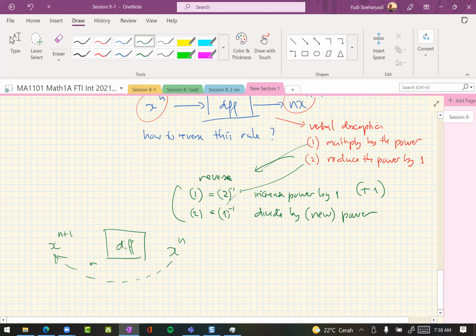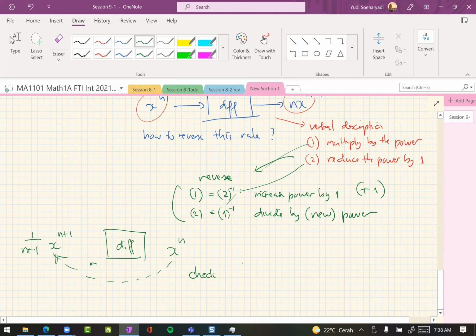What they say is increase the power by 1, and then divide by the new power. So 1 over the new power is n. Okay, so we check here.